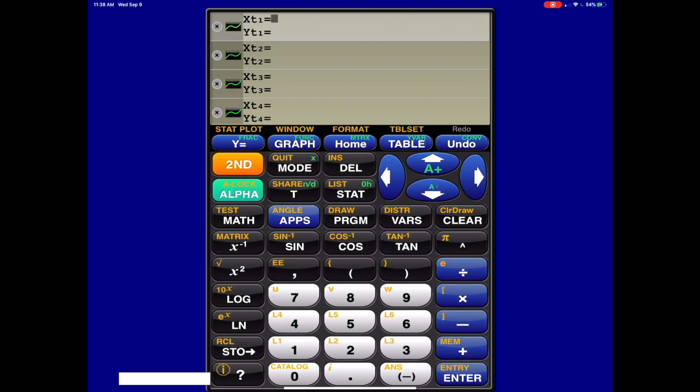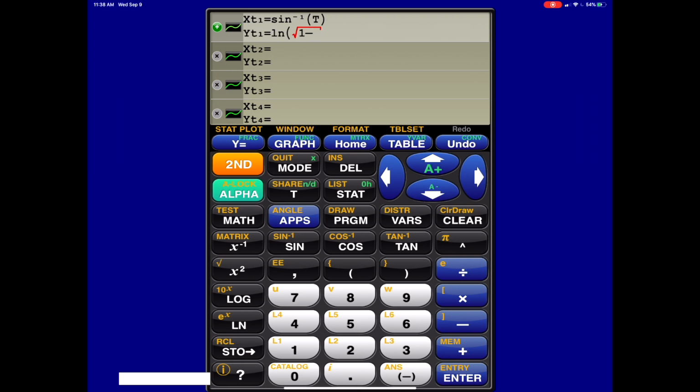So x at t, remember, was arc sine of t, and then y at t was equal to, I'll just write it as it originally showed up, natural log of the square root of 1 minus t squared.